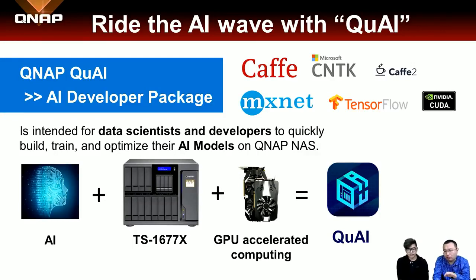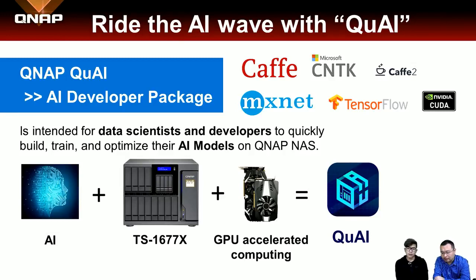Yes, or actually you can find those in our Container Station. There are many containers you can use that are ready for development. With our App Center, we also provide the NVIDIA GPU driver. So it's very easy to install Container Station, QAI software and the NVIDIA driver, and then install a card, and you have your own private AI developer platform.